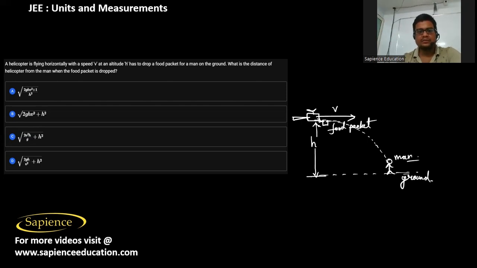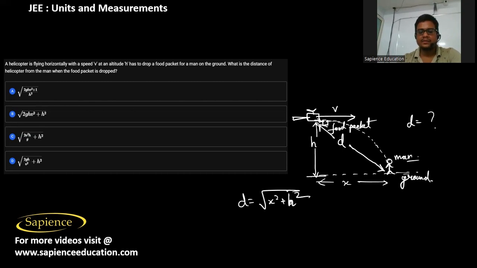So here it is asked what should be the distance of the helicopter from the man, means this length d we have to find out. So here the range we have to find, range is x and the vertical height is h. So d will be obviously root over x square plus h square.